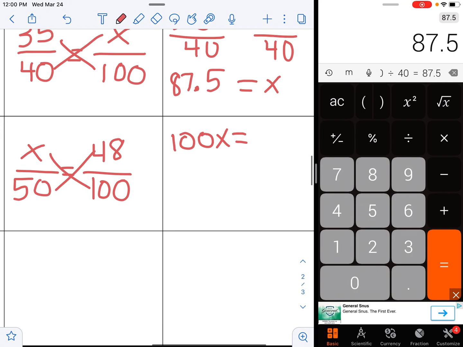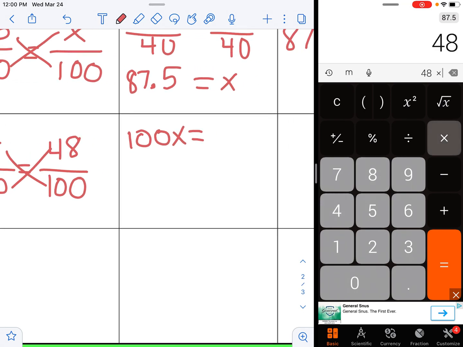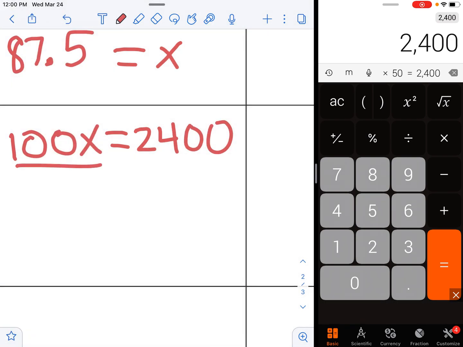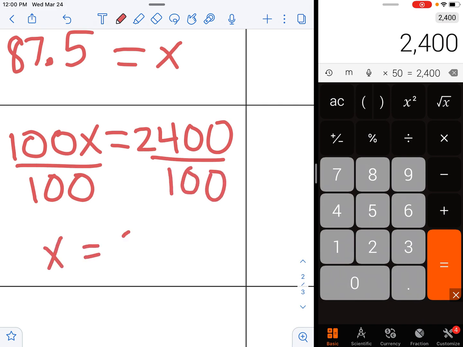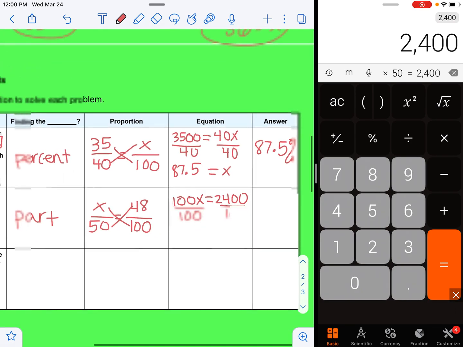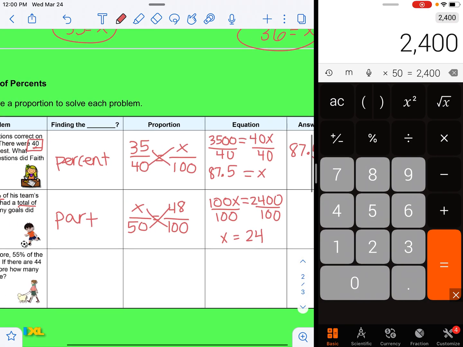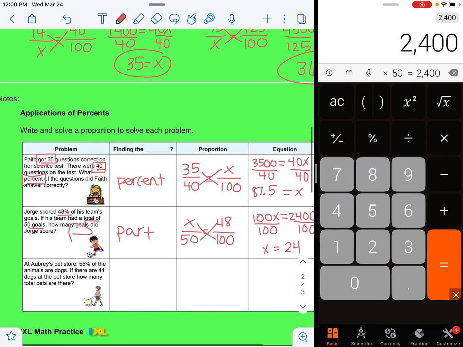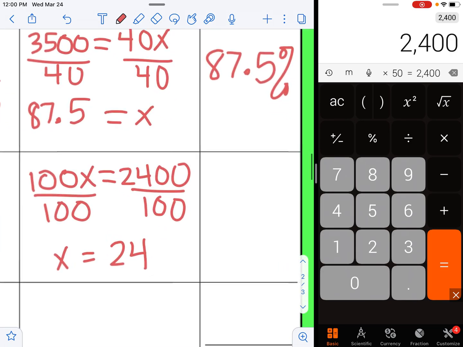X times 100 is 100x, and that's equal to 48 times 50, which is 2400. Alright, now we divide by 100 from both sides, so we get x is equal to 24. Now for our answer, we need to actually write what that 24 is talking about. It's talking about the number of goals that Jorge scored. So our answer is 24 goals.